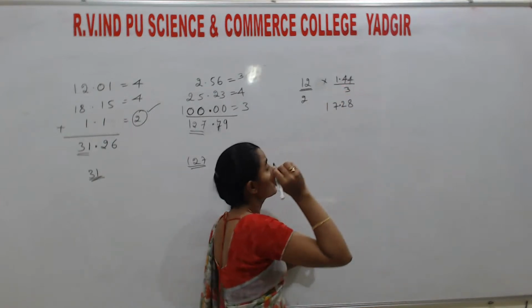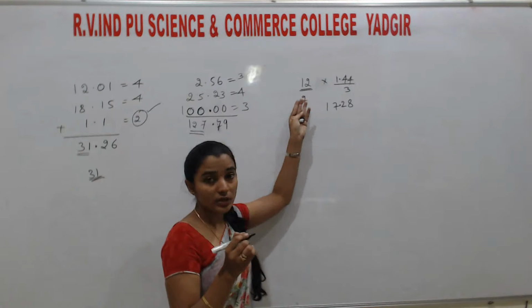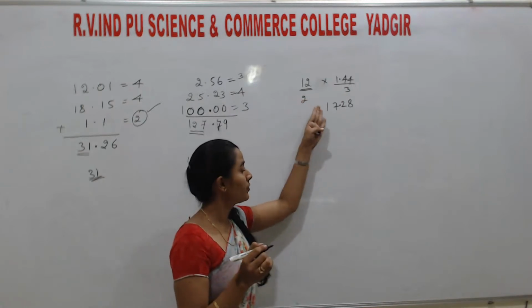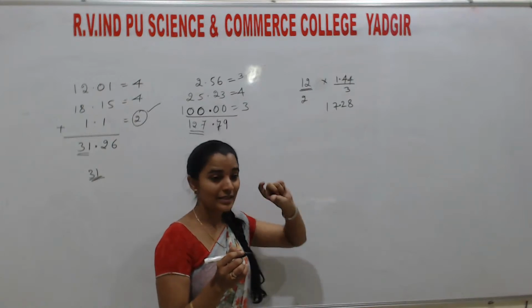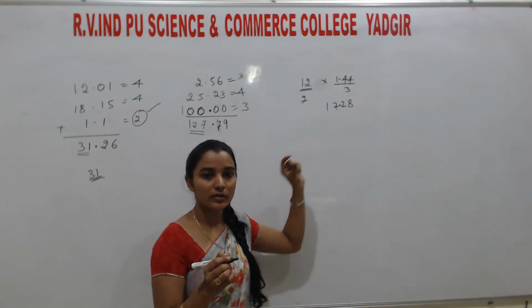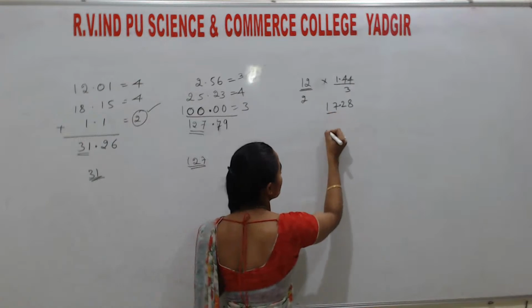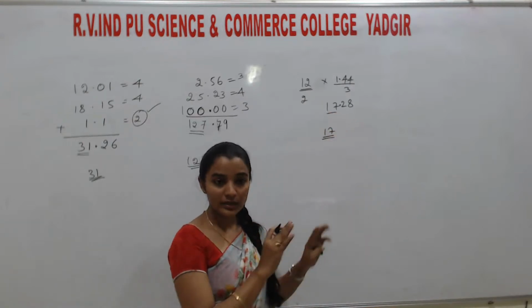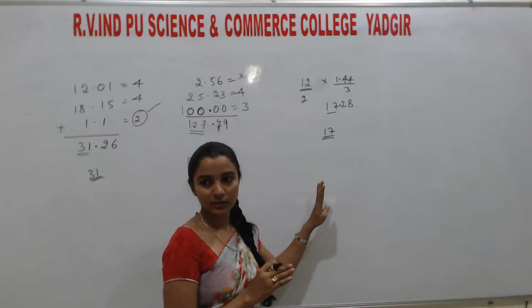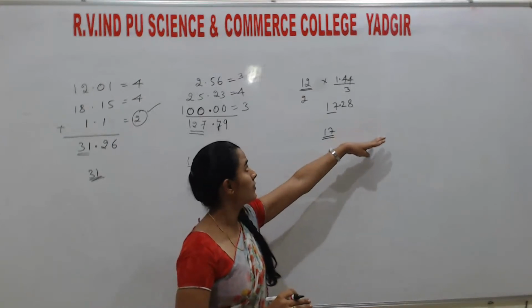So the answer should be written in which form? How many significant figures should the answer consist of? 2, because the answer must be written with the lesser number of significant figures. So here 2 is there, that is 17 is the answer. You consider it like 17. Understand? Similarly for division also.